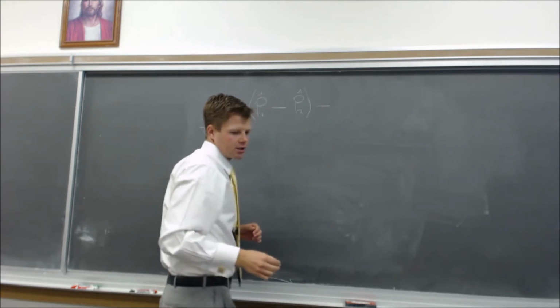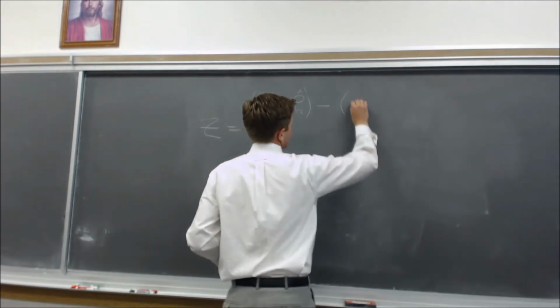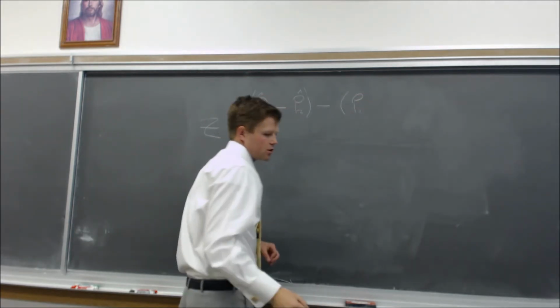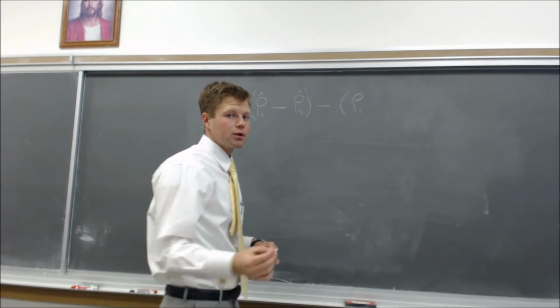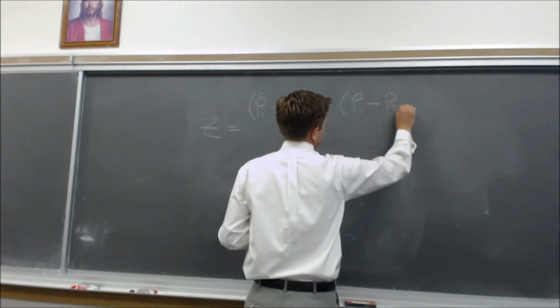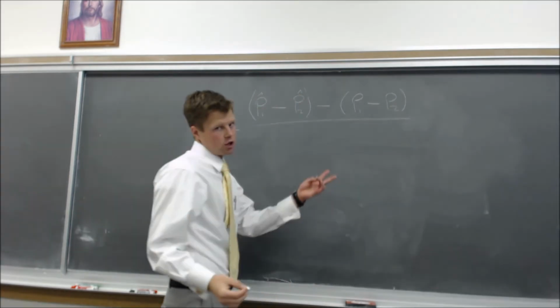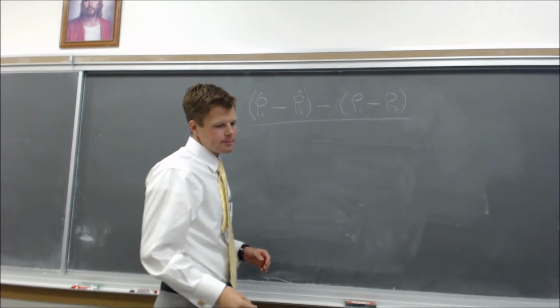And then you're going to subtract your population proportions of both. So the population proportion of blue M&Ms, maybe these are the numbers that the M&M company publishes, minus the population proportion of yellows, or the second group, whatever your second group is.